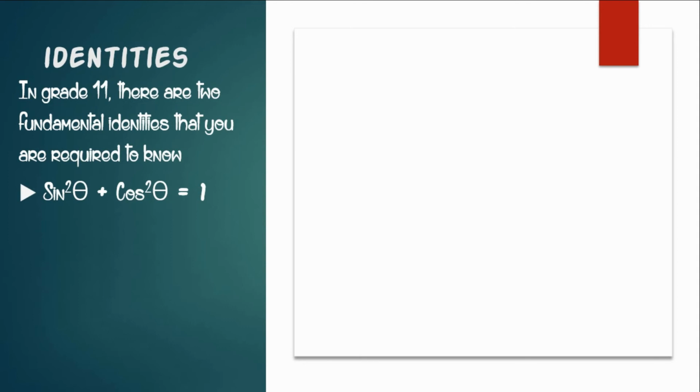It means sine square theta is equal to 1 minus cos square theta. Cos square theta is equal to 1 minus sine square theta. I hope you understand. Then tan theta is equal to sine theta over cos theta. These are the 2 identities that you are required to know as a grade 11 learner.